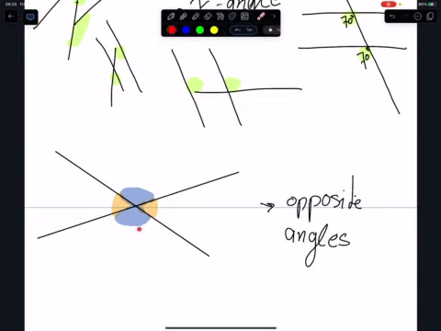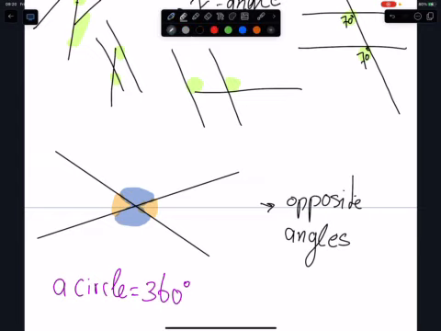And if you look closely, this is a circle, meaning a circle has 360 degrees. So if this angle is 120, means this is 120 and that is 120.